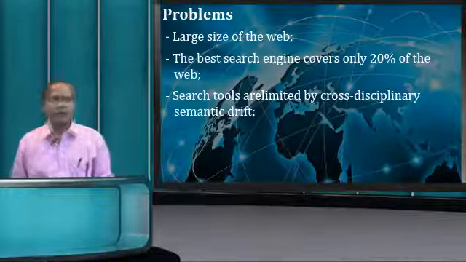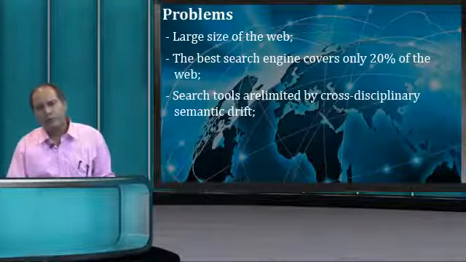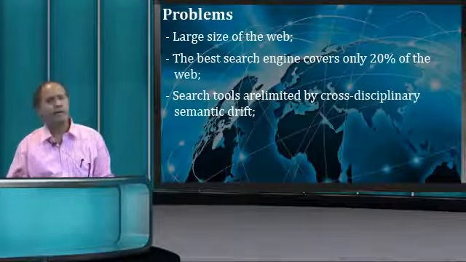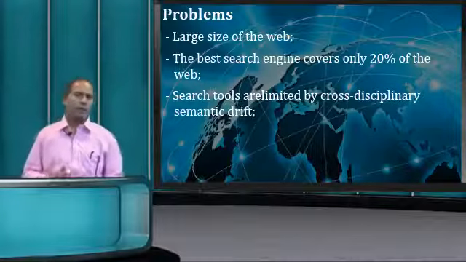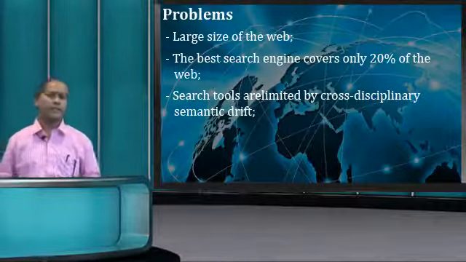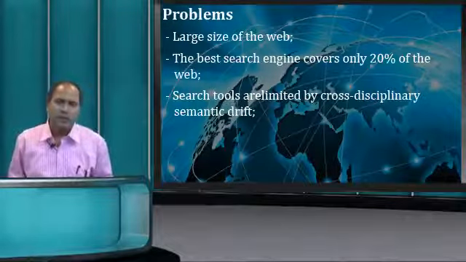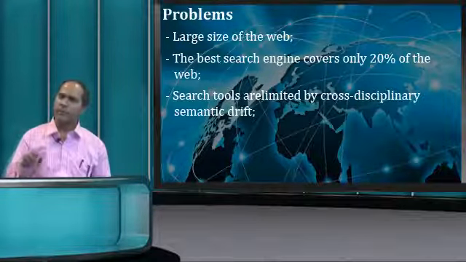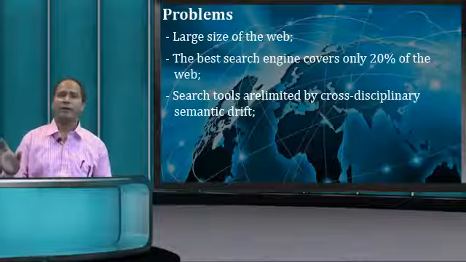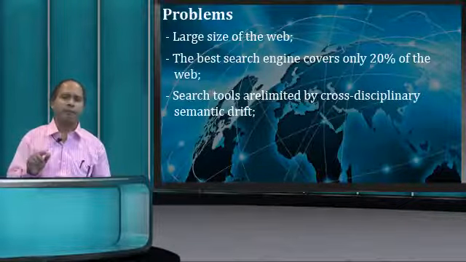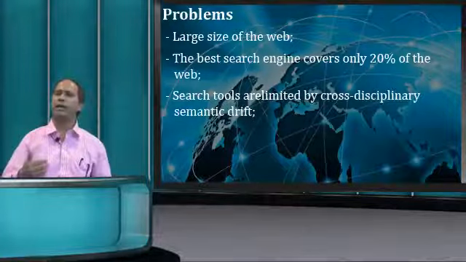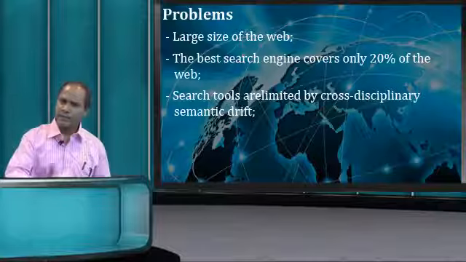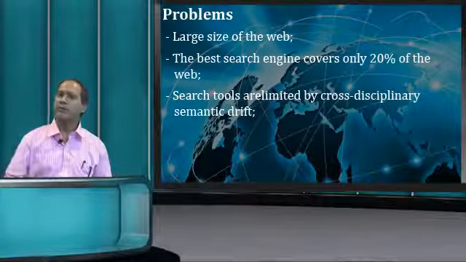What does it mean? As I told you, most of the search engines are based on word level indexing. Now suppose you are searching for computer driver in a particular search engine. If you go beyond set number 3, the search engine will retrieve taxi driver, screwdriver, and many other items related to the term driver, because a search engine cannot automatically differentiate the meaning of the term driver in computer driver and the meaning of the term driver in screwdriver.